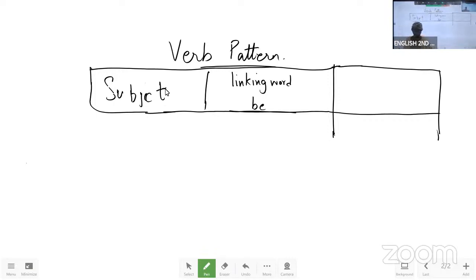Okay. So with linking verbs, there are many.